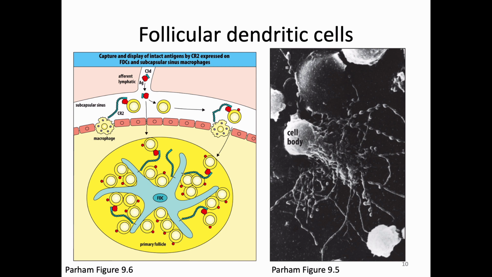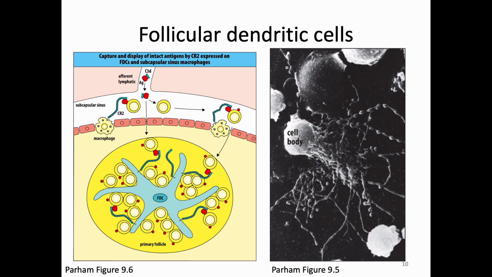So any antigens that come into the lymph node get stuck there. And so in some ways I think about it as sort of like an antigen repository. It's just like a bank of antigens because all the antigens are stuck all over it. And so you've got this nice antigen bank cell.